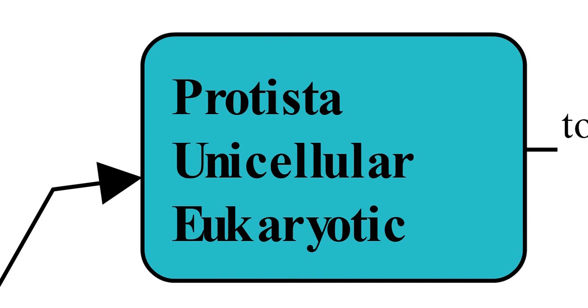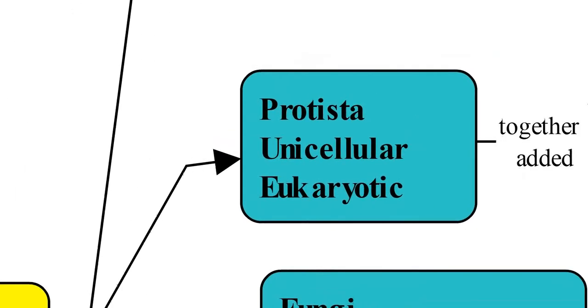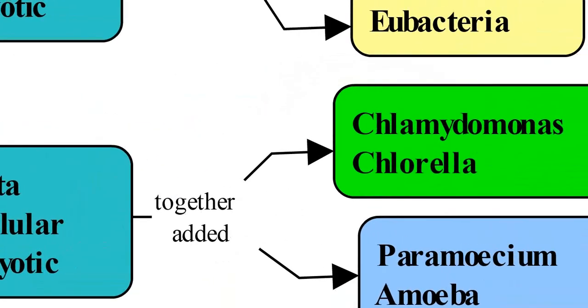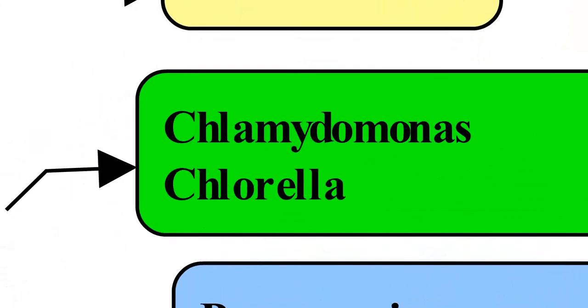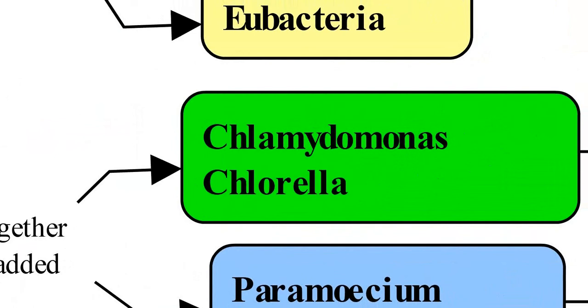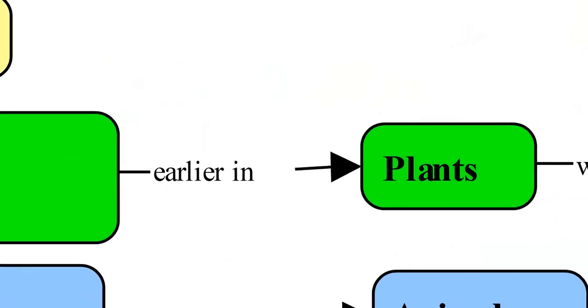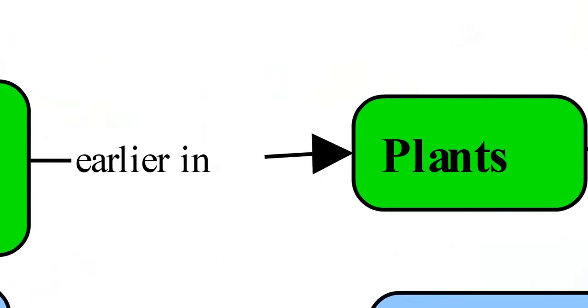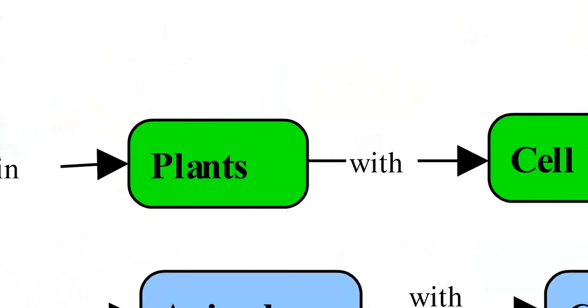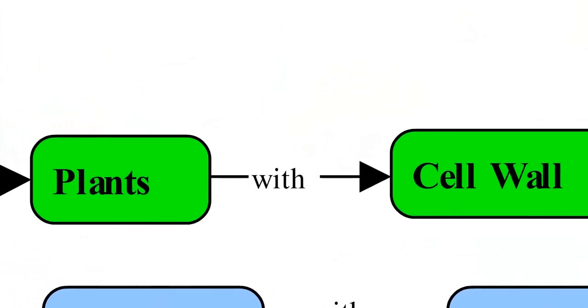Then we can observe the way the organisms are classified and placed under the kingdom Protista. For example, organisms like Chlamydomonas and Chlorella were earlier placed in the kingdom Plantae. The criterion was the presence of the cell wall in their cells.